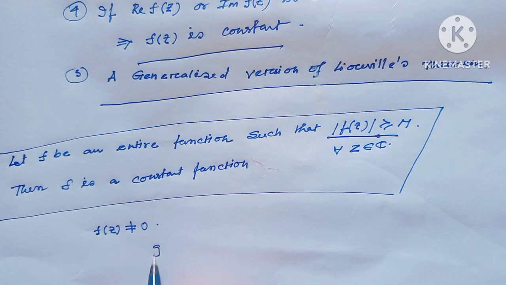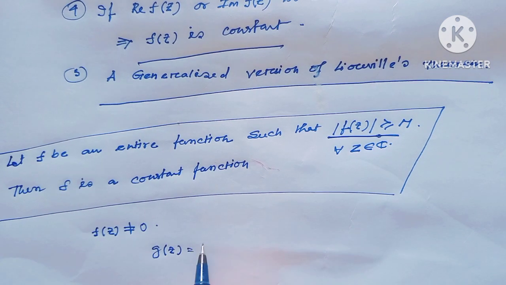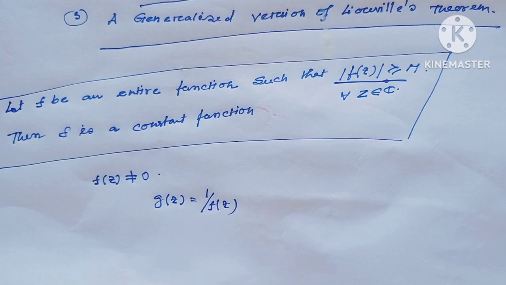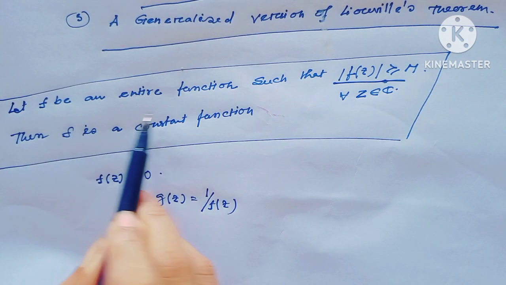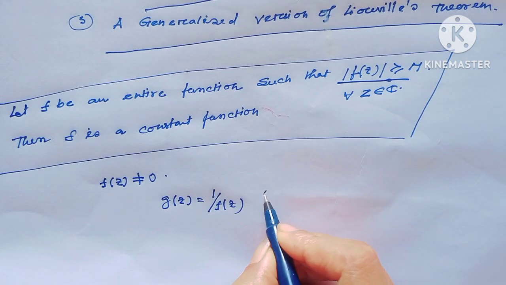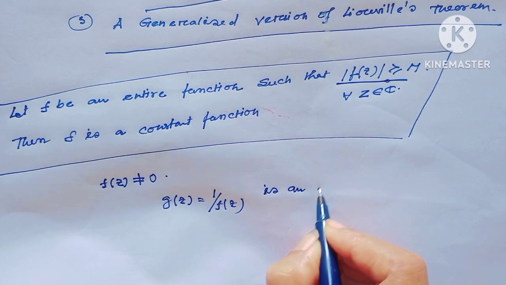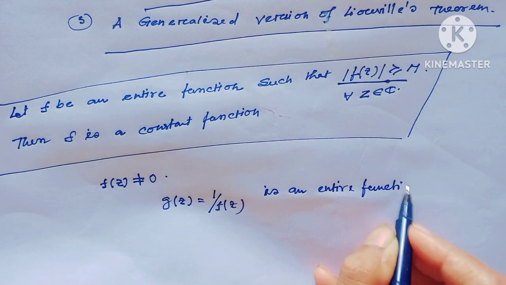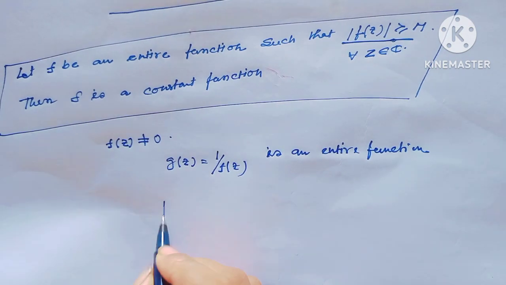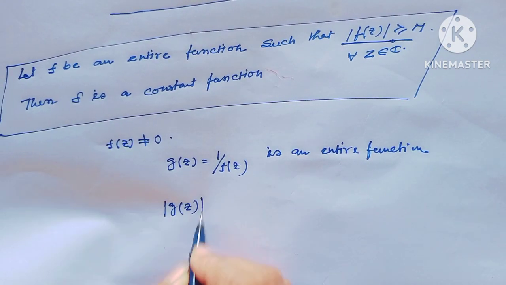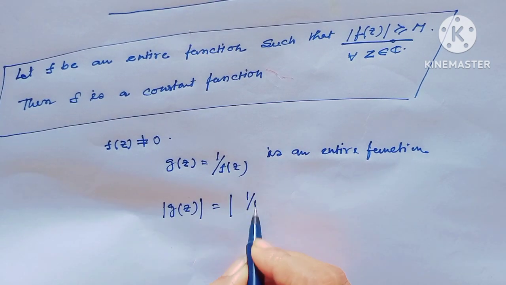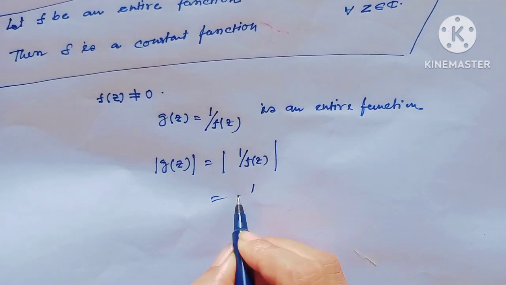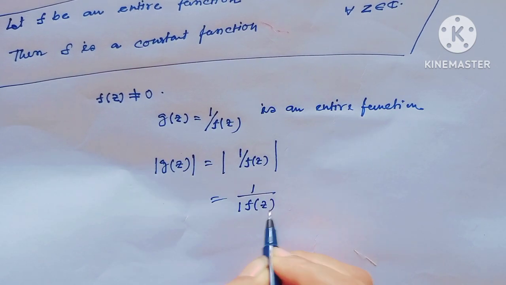Now consider g(z) equal to 1 over f(z). Obviously, since f is given as an entire function, this is an entire function. Then modulus of g(z) equals modulus of 1 over f(z), which is 1 over modulus of f(z).